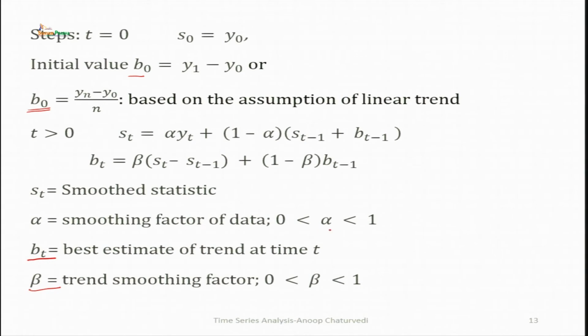The role of alpha is to smooth the series, taking care of the trend component also, and the role of beta is in smoothing the trend component.